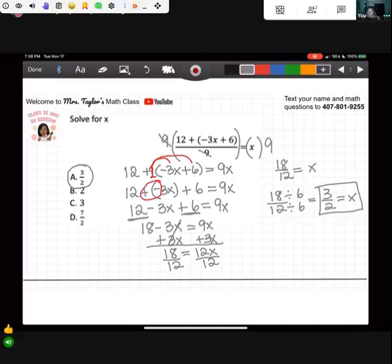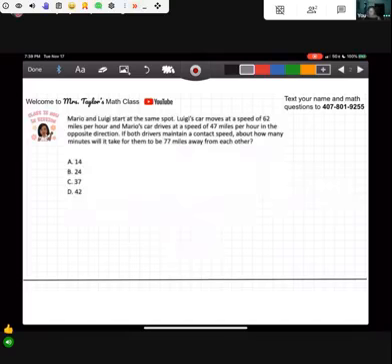Okay, let's go to the next question. For this question here, it says Mario and Luigi start at the same spot. Luigi's car moves at a speed of 62 miles per hour, and Mario's car drives at a speed of 47 miles per hour in opposite directions.